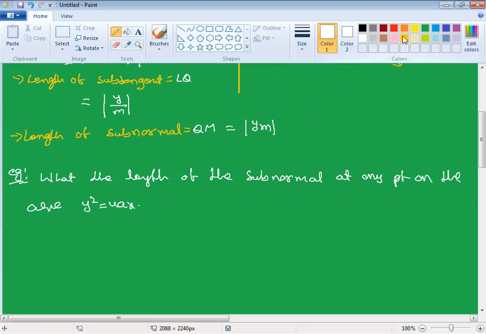The options given are minus a, plus a, minus 2a, plus 2a.